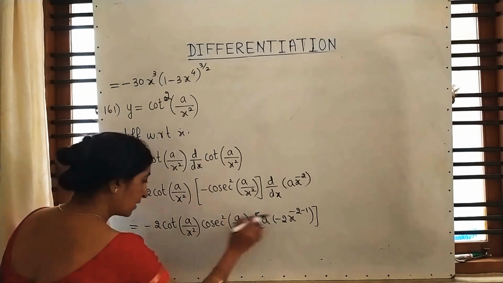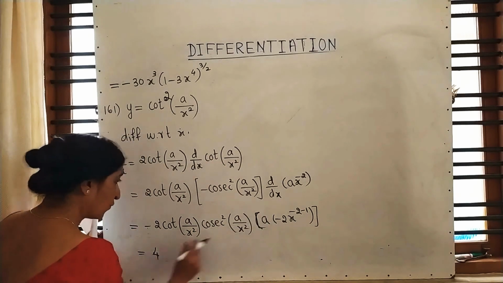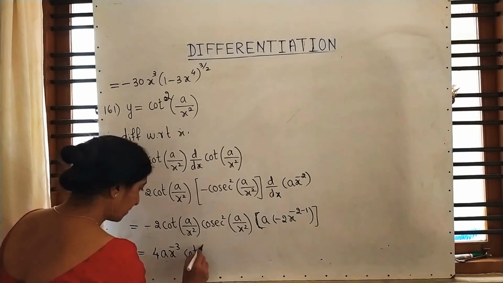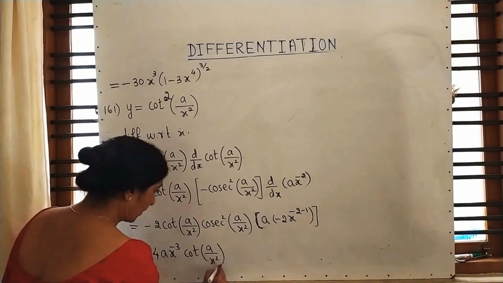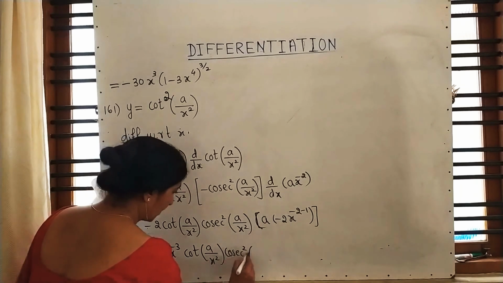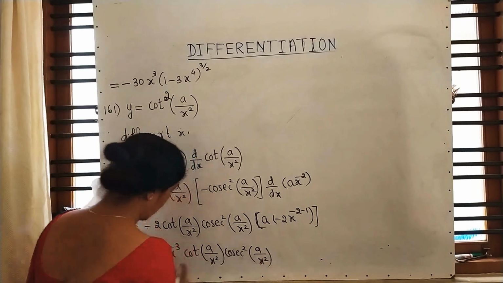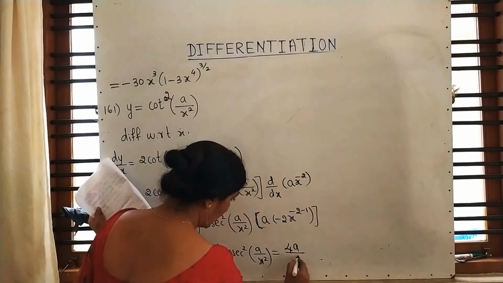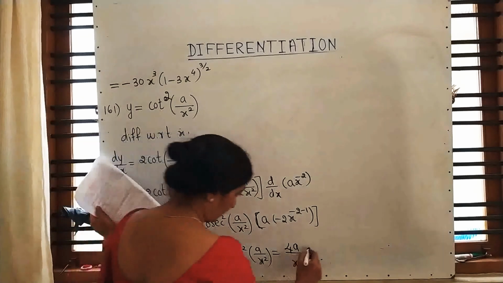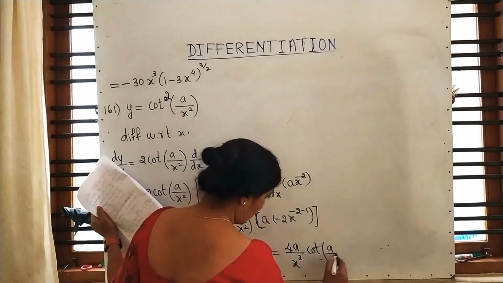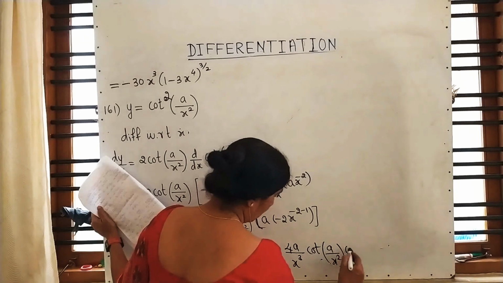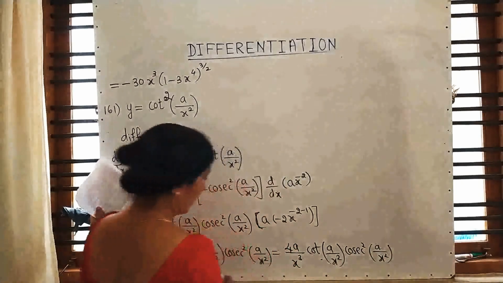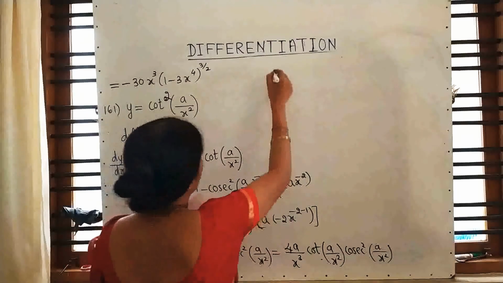So this minus and this minus becomes plus 4 a x to the power minus 3 cot a by x square cosecant square a by x square. If you want, you can write one more step. The step is 4a upon x cube because of negative sign, cot a by x square cosecant square a by x square. This is the final answer.